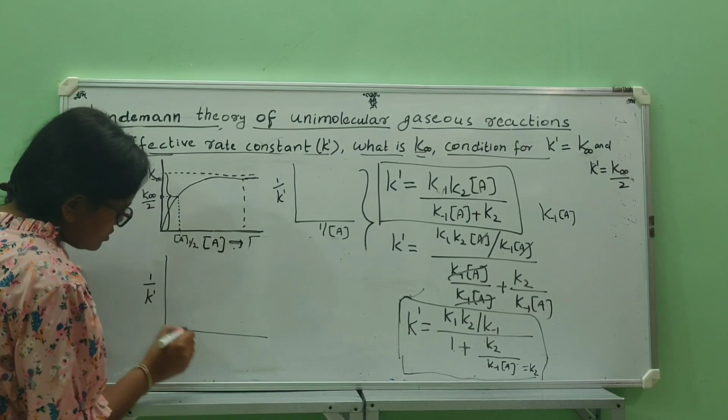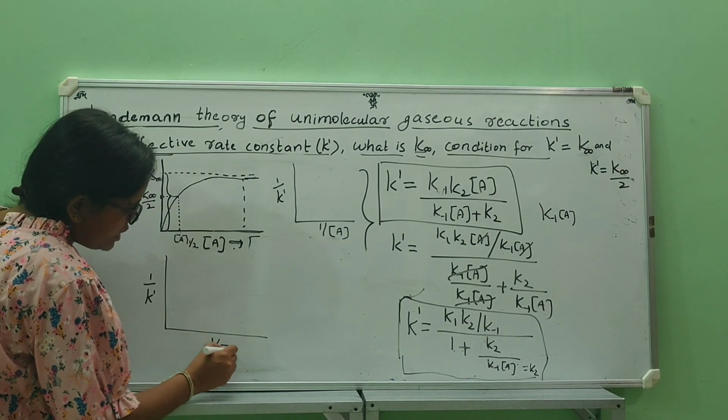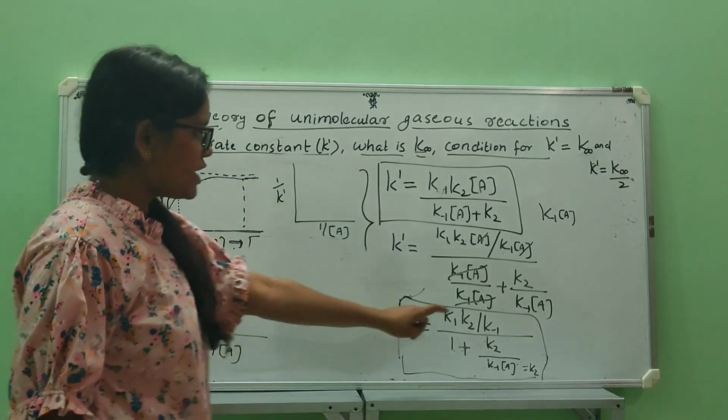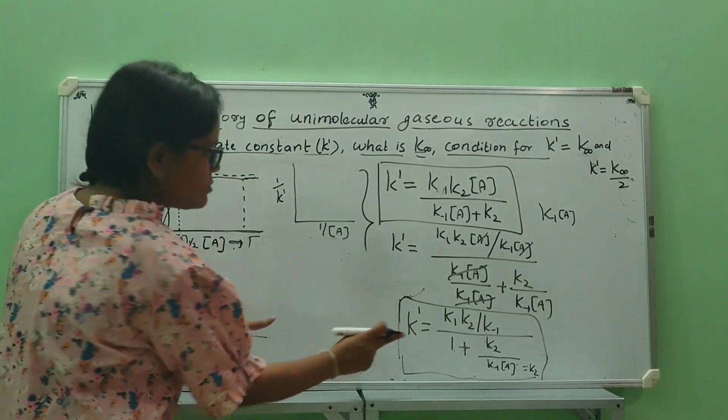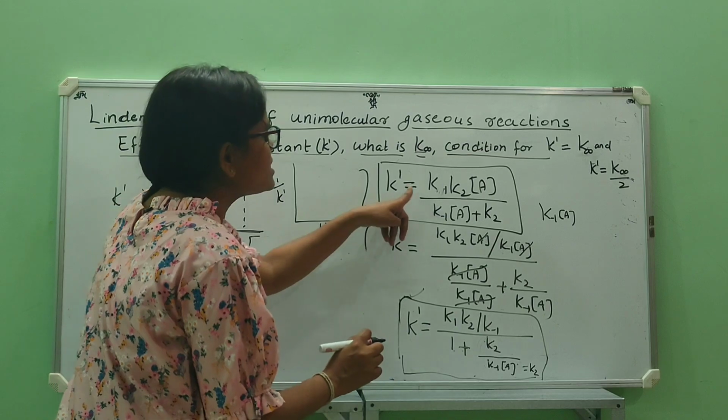So now let us try to find what is 1 by k dash from this equation.